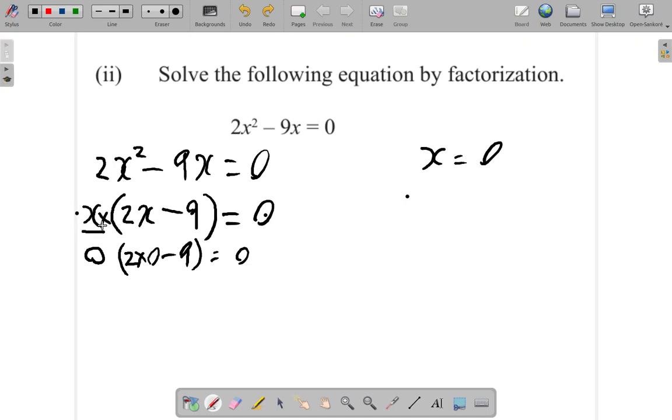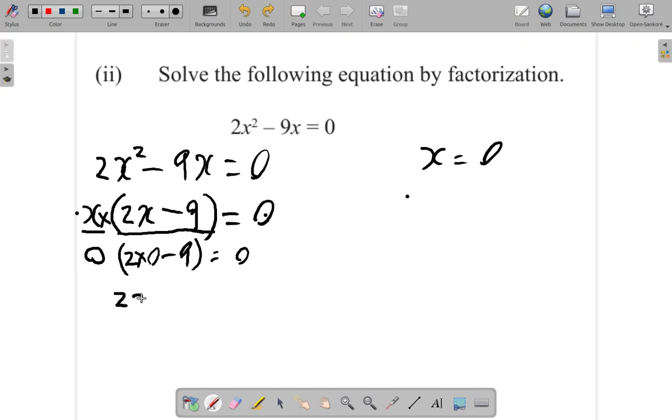This is x times something else. Two numbers multiplied and the answer is 0 means one of them is 0, or maybe the other one is 0, or both are 0. So it could be that x itself is 0. It could also be that the other factor that is multiplied is 0.